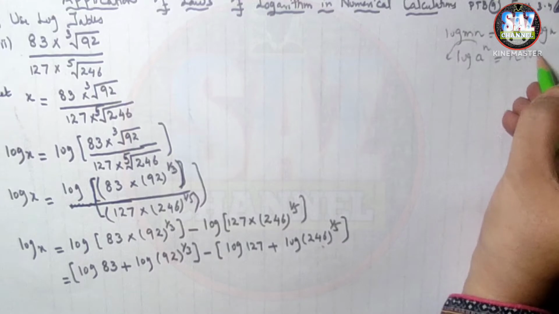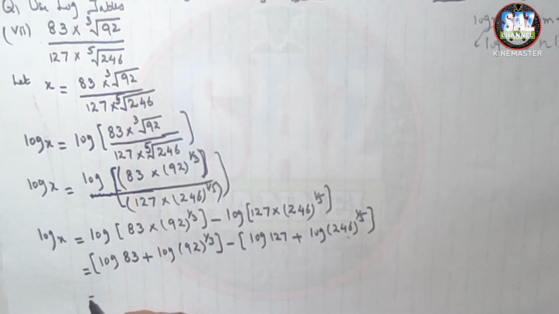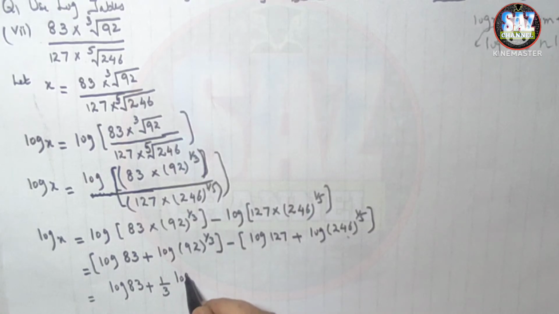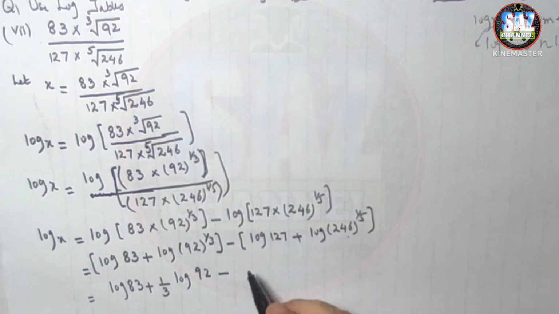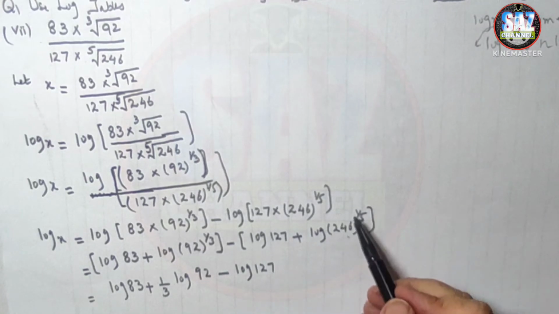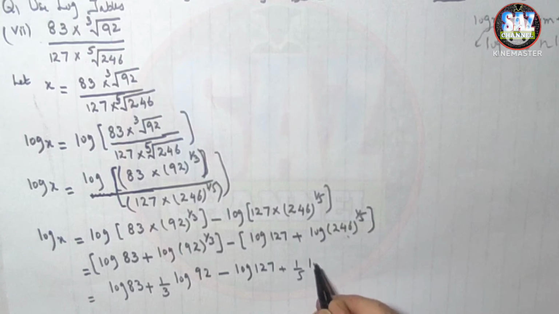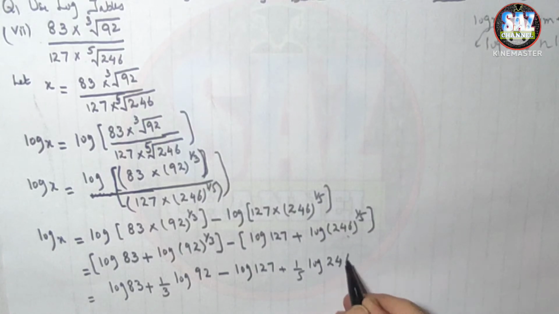So I will write it as log 83 plus 1 by 3 log 92, minus, log 127 plus, again bringing down the power, 1 by 5 log 246.